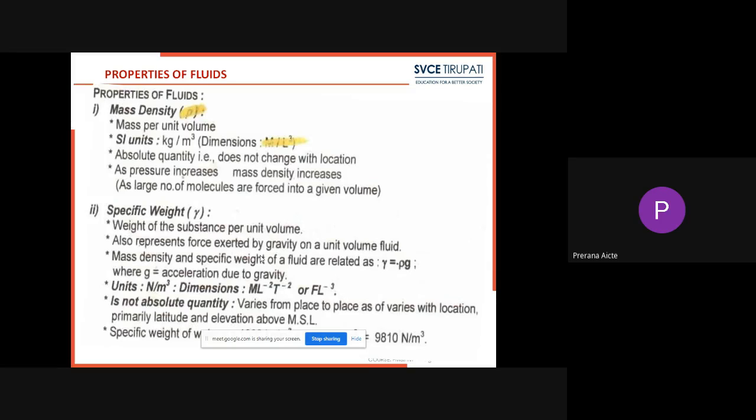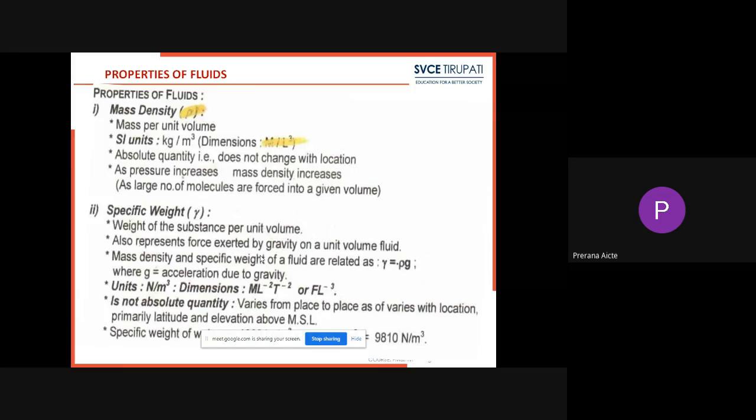So whatever the place, whether it is at the riverside, the seaside, or in the oceans, the absolute quantity of the mass density will not change with location. If the pressure increases, then mass density will also increase, because more molecules are forced into the given volume.